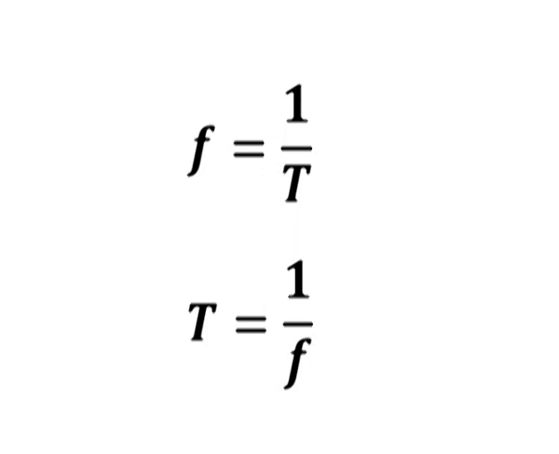There is a reciprocal relationship between f and T. Knowing one, you can calculate the other with the x to the power minus 1 or 1/x key on your calculator. The inverse relationship makes sense because a sine wave with a longer period goes through fewer cycles in 1 second than one with a shorter period.